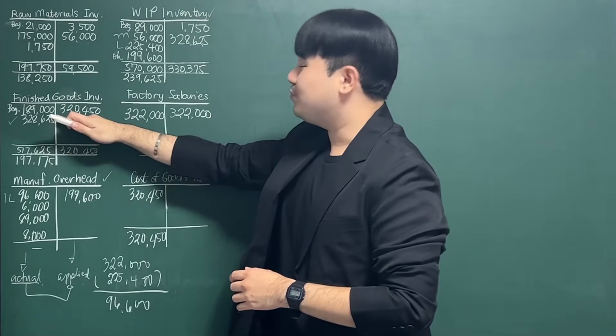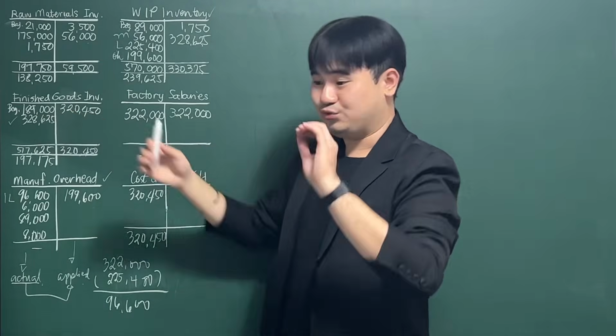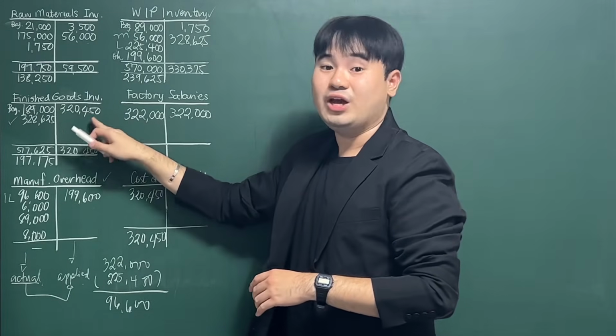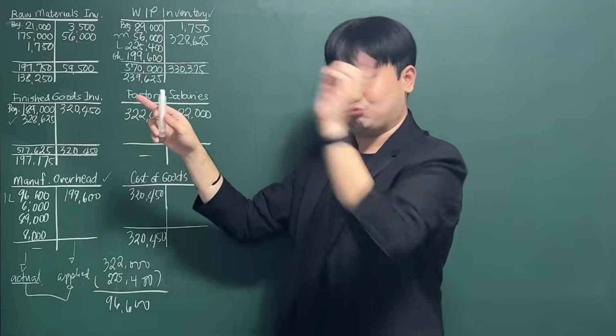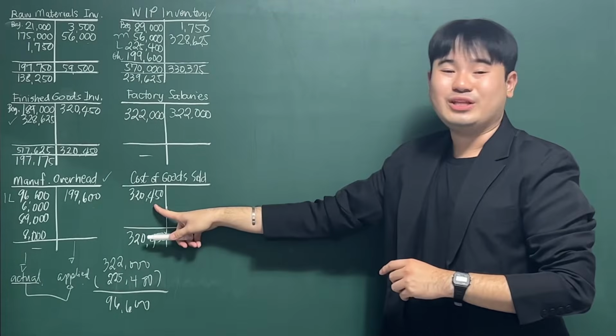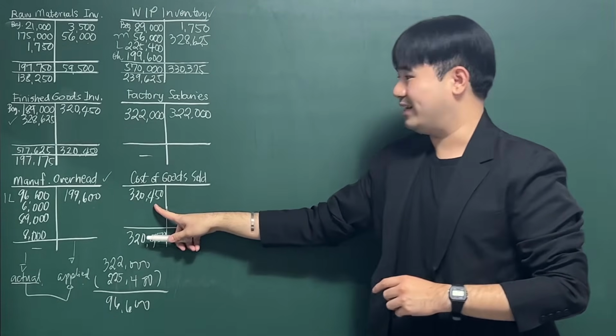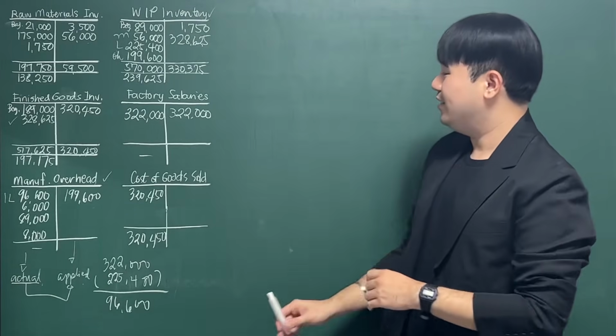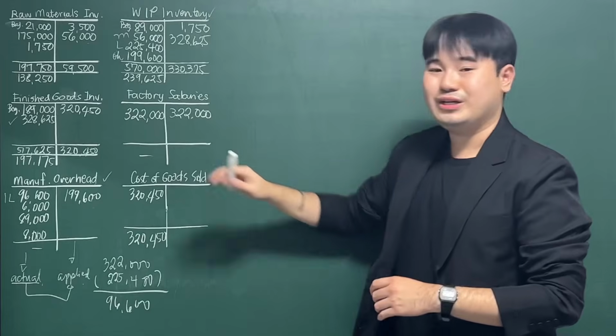So, coming from the stock room of finished goods inventory, it was released 324,50. You have already sold it to your customers. This is the amount that you will see in your cost of goods sold account, 320,450. Okay, so we're also done analyzing this earlier.